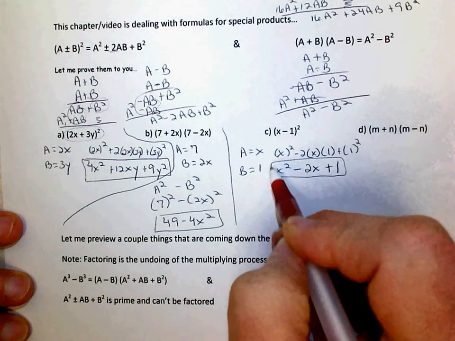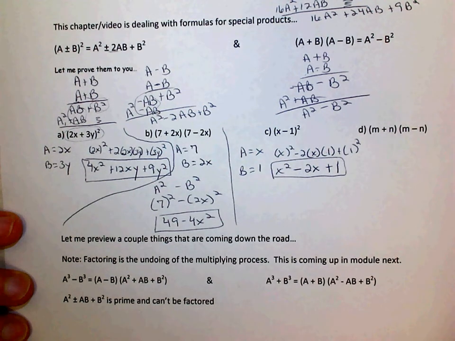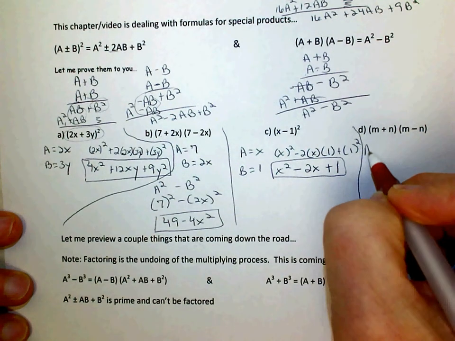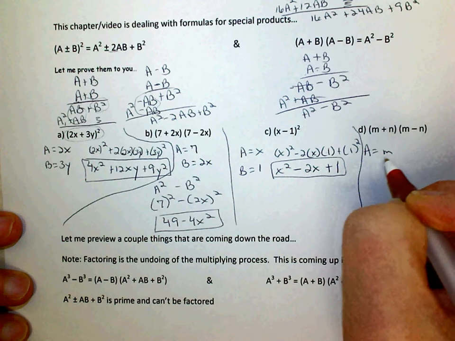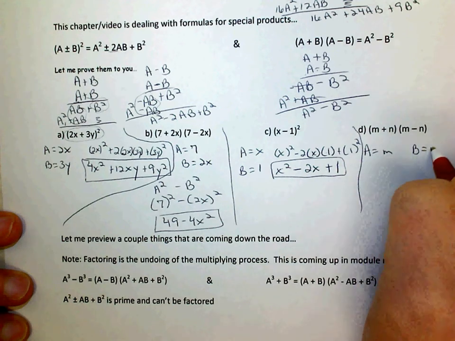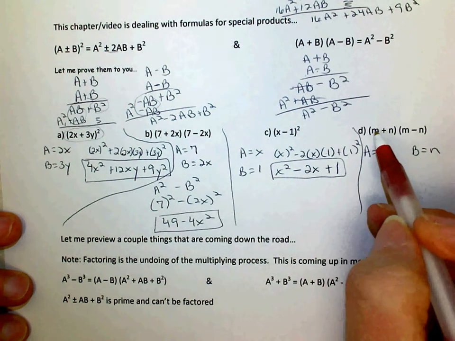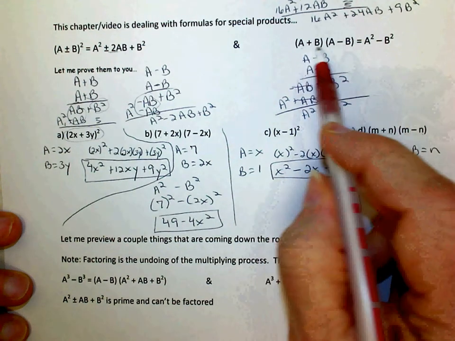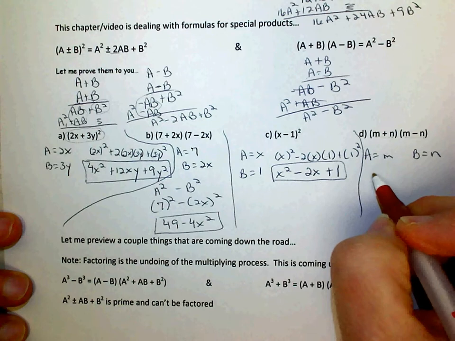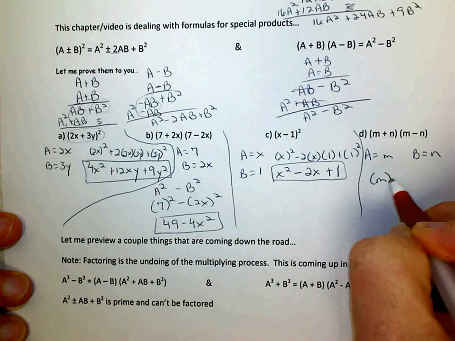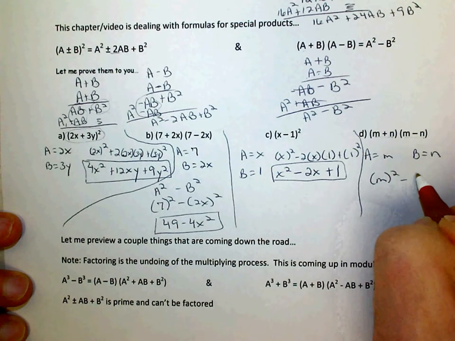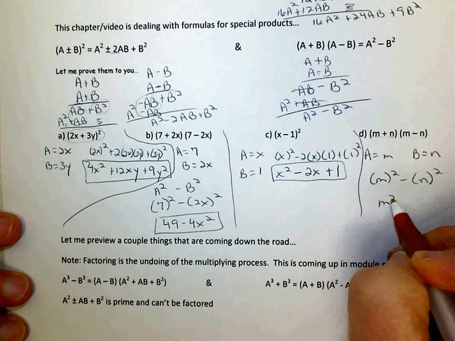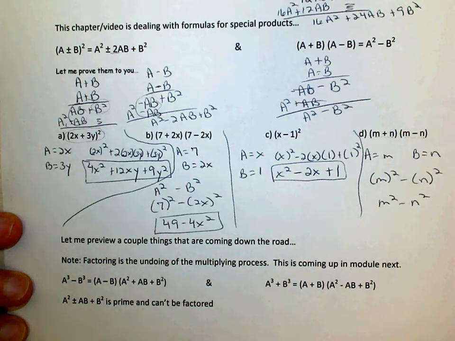Do you have questions? Make sure you ask. And again, our A is M, our B is N, M plus N, M minus N. So we say M squared minus N squared. And we really didn't have to do much to that one.